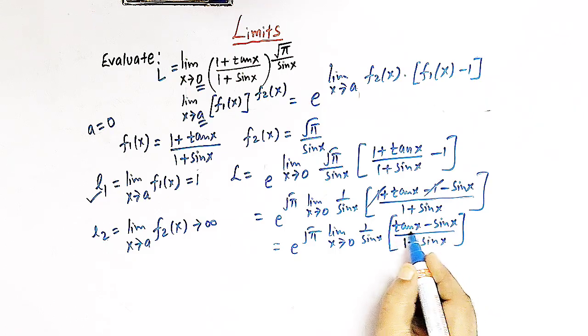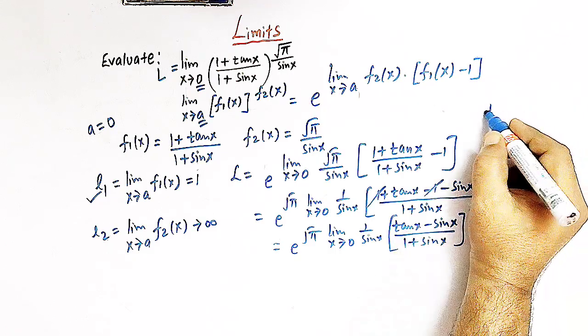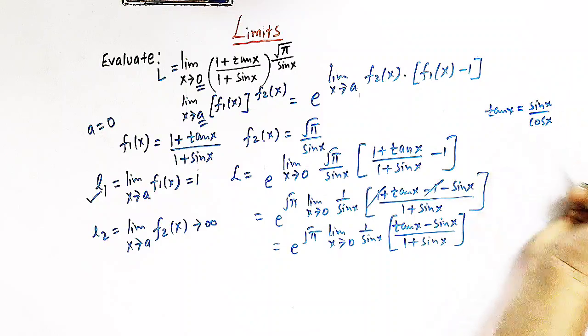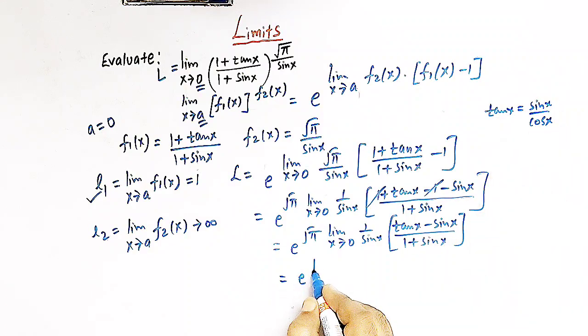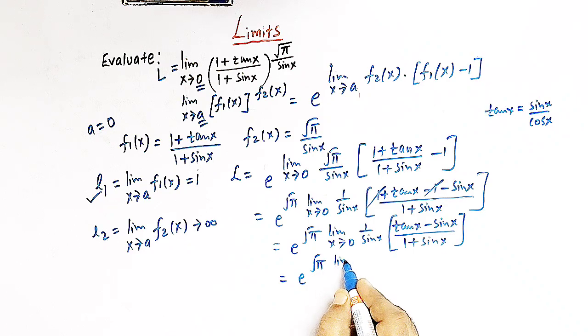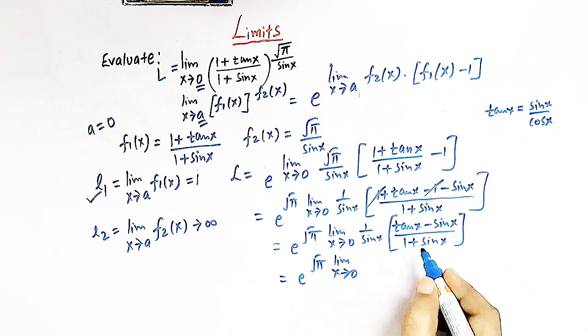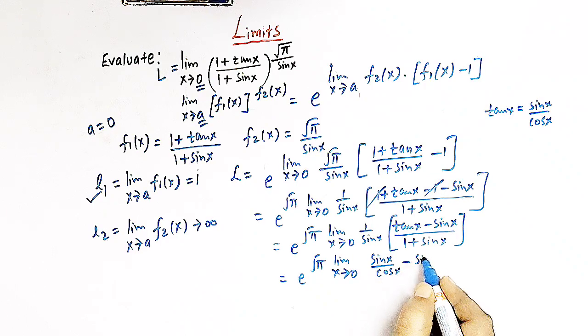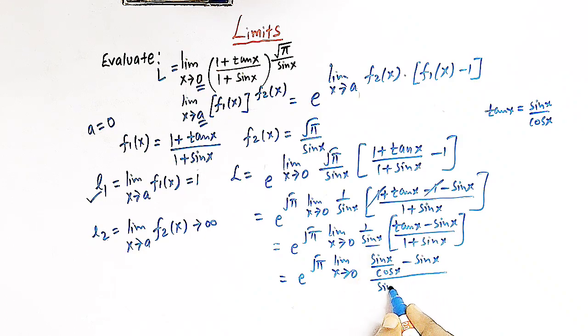Okay, so now here we can write tan x as sin x over cos x. So we can now write e raised to square root of pi, limit as x tends to 0, of (sin x over cos x minus sin x), and in the denominator we have sin x, and here we have 1 + sin x. So now we can cancel this sin x by taking sin x common in the numerator.